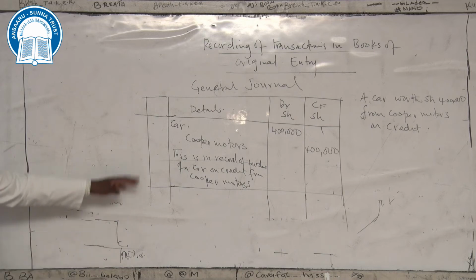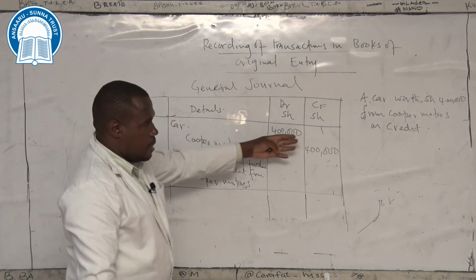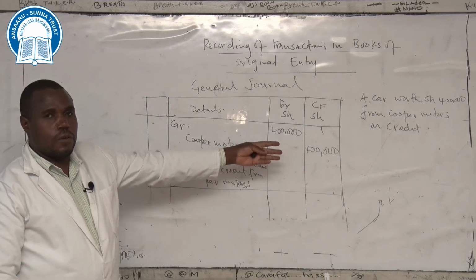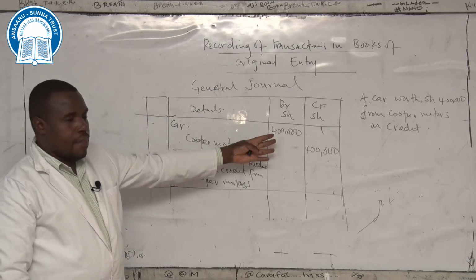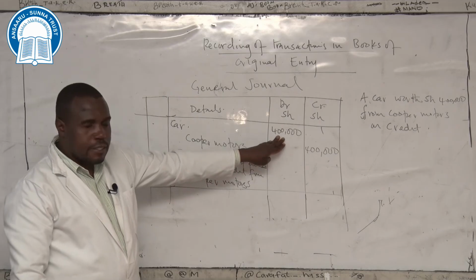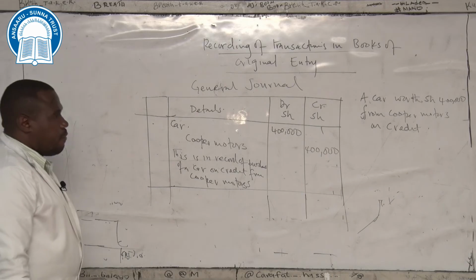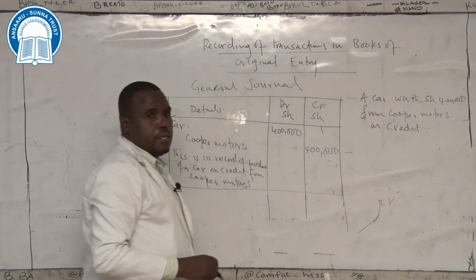So remember, when you're recording a general journal, it's just the same way we record transactions on ledger accounts. And therefore, remember the account to be debited has to come first, followed by the account to be credited.